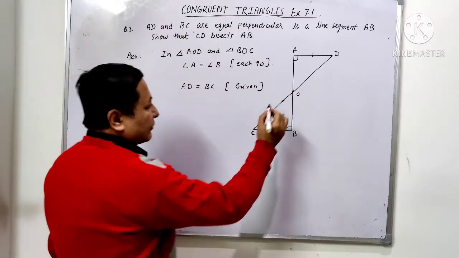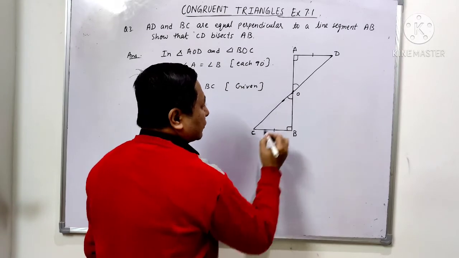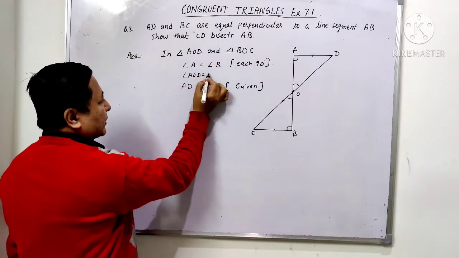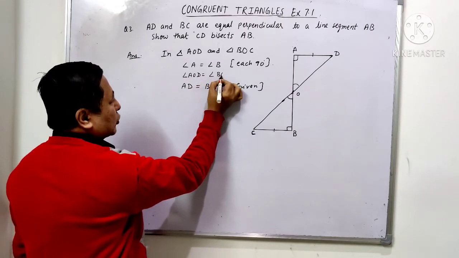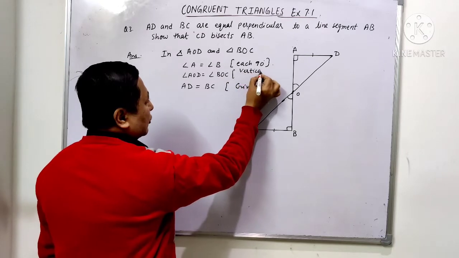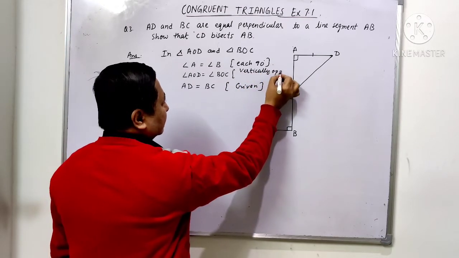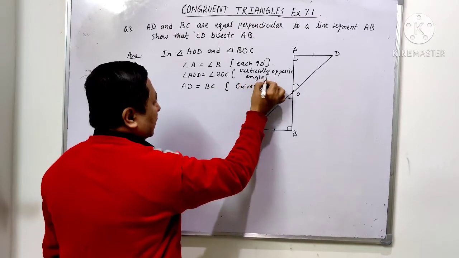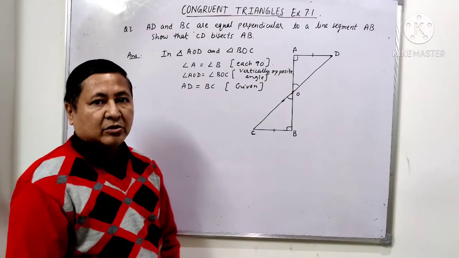So one angle is equal and one side is equal. But if you see carefully, this angle and this angle are equal. These are vertically opposite angles, so angle AOD is equal to angle BOC, and the reason is vertically opposite angles. Now you can see these two triangles are congruent.